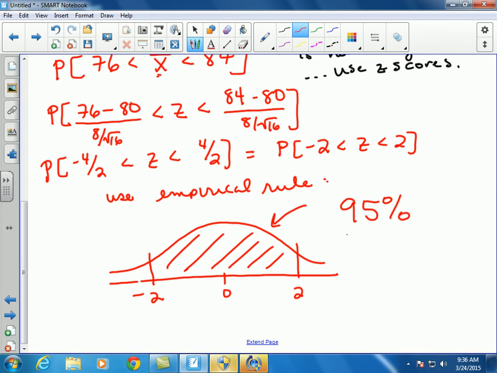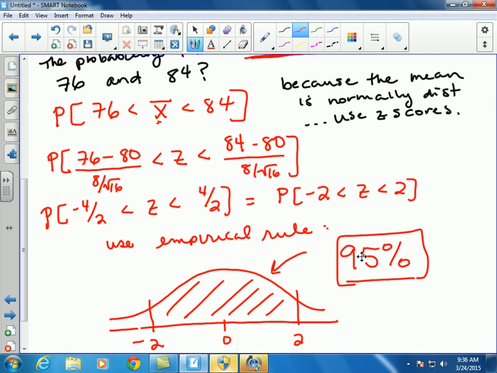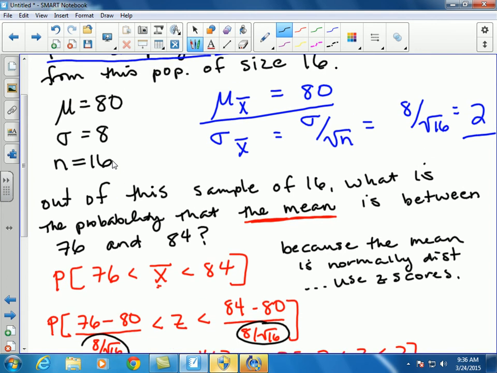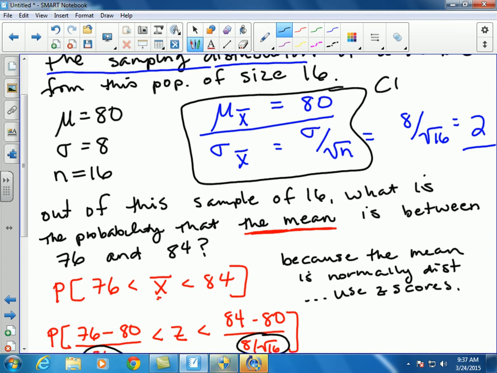So the answer is 95%. And you can use the normal distribution the same way you've been using the normal distribution, but in this case what's so incredibly different is that you're dividing by a different standard deviation, and what's controlling that standard deviation is really the central limit theorem.